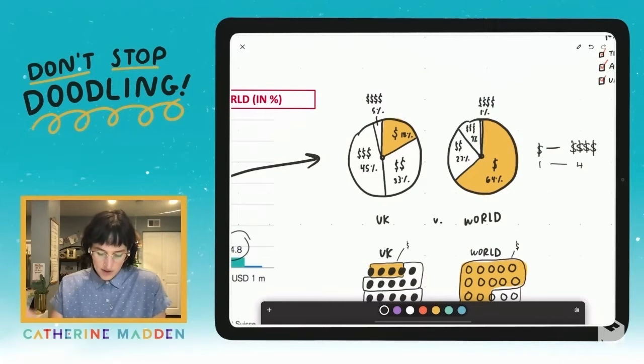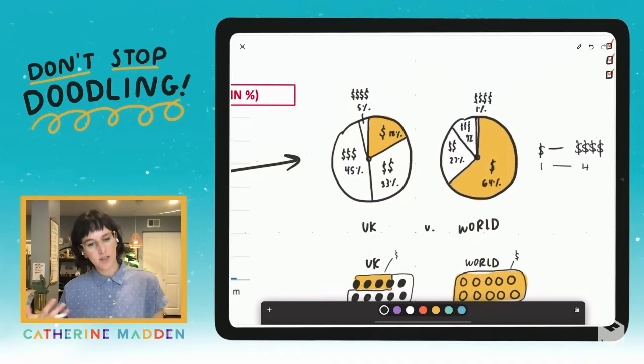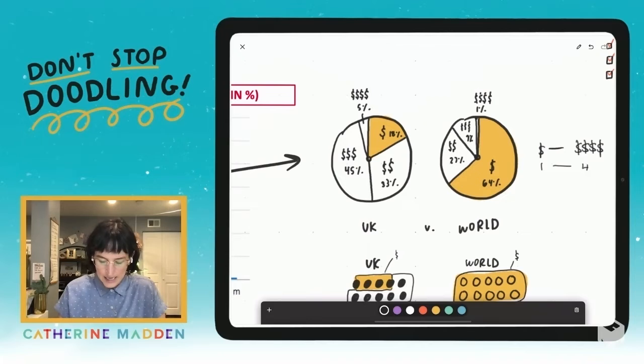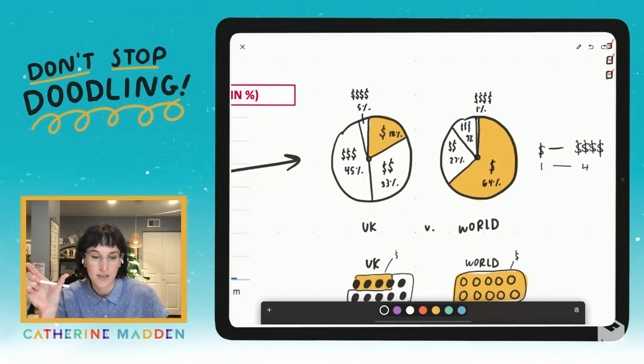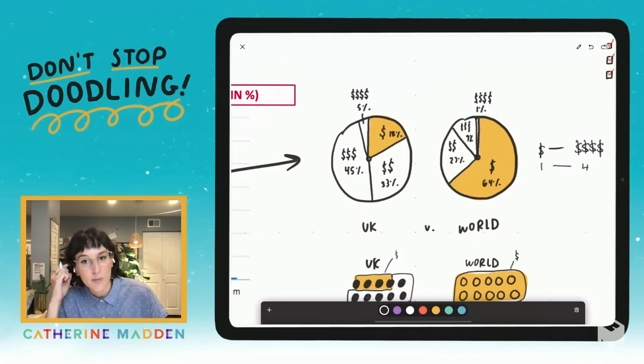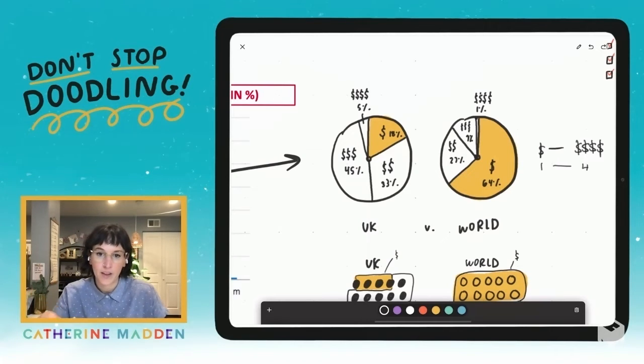And I just eyeballed what these percentages would look like on a pie chart. The cool thing about this view is that if you highlight the lowest 2 buckets in each, the UK and the world, there's a very stark difference and contrast between the two. The UK's lowest $0 to $10,000 bucket is much smaller when you compare it to the world.